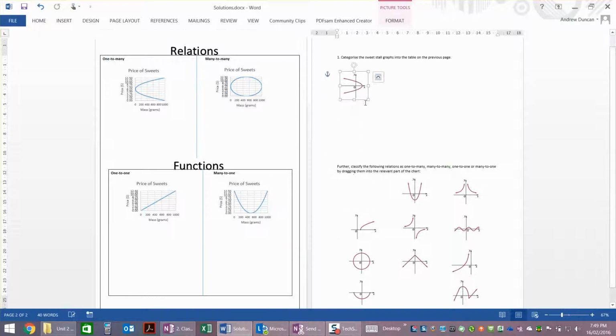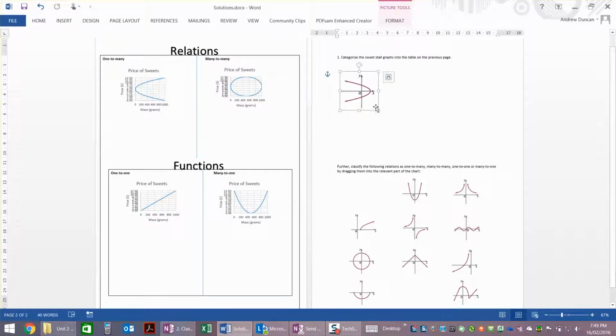Alright, so look at these in turn. I'll look at this relation. Okay, and I can see that it fails the vertical line test. Even just looking at the y-axis, we can see that vertical line of the y-axis cuts it in 2 places. Okay, fails vertical line test, passes the horizontal line test. Passing horizontal lines, you won't get anywhere twice there.